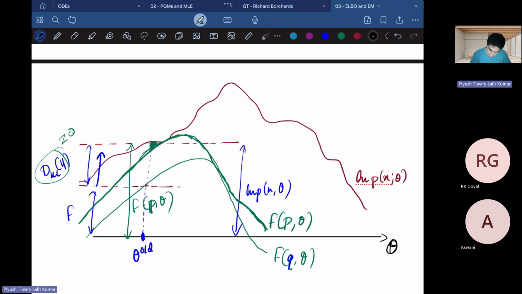So what will it do? It will do some gradient ascent, and where is the value of f on this curve maximized? It is maximized at this peak. And this is where you will get your new theta, the current theta, let's say.